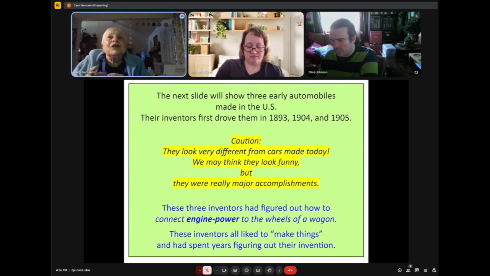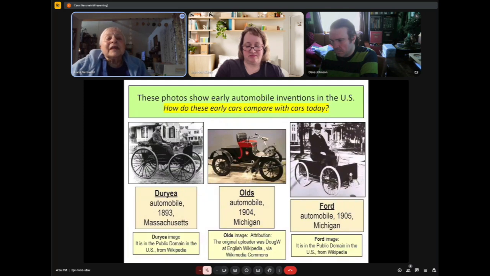But these are examples of three automobiles that were made in the United States, all using gasoline power. In Massachusetts, Mr. Duryea was earliest. Mr. Olds in Michigan was second, and Mr. Ford was third. They all were just people who really liked to make things.